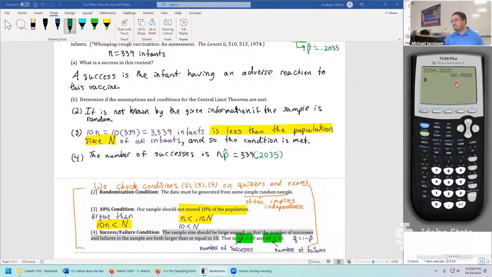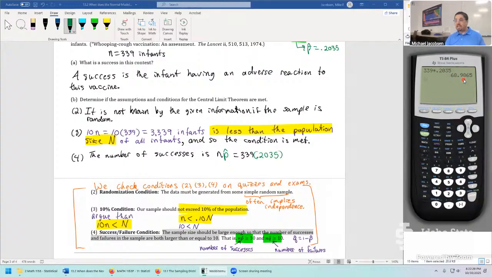Let's think about the context though. This is the number of successes in the sample through that formula down there, but a success is relative to an infant having an adverse reaction, which would say there were 68.98 adverse reactions, or somehow we have 68.98 infants that had an adverse reaction.